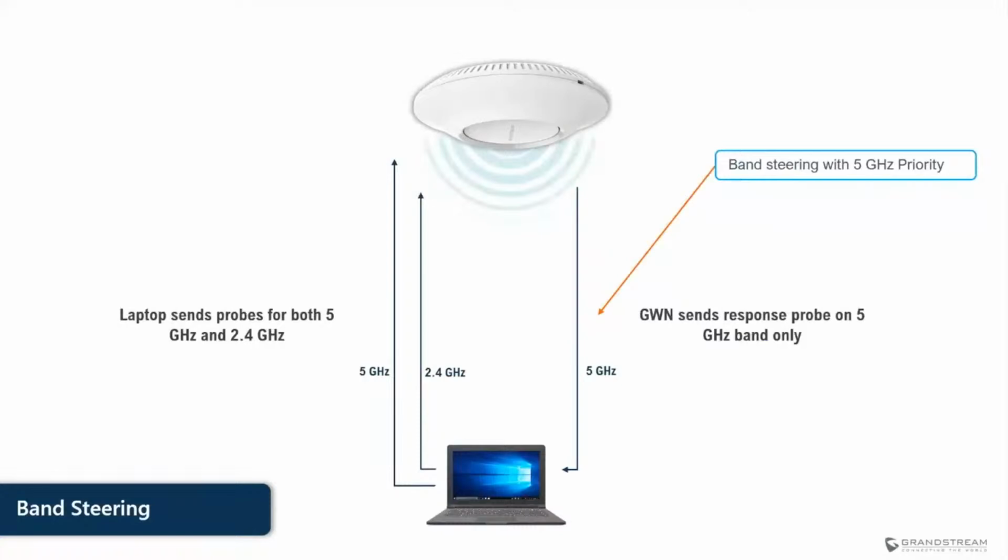So it can lead to an interruption or slowness during the roaming process. Band steering is usually recommended for static clients, or when you are sure that all devices will be transmitting over a specific band, which you can also configure on the wireless client.